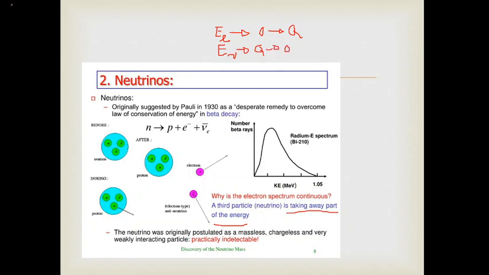So the whole idea is Q is nearly, I am using the word purposely, nearly equal to the energy of the electron plus the energy of the neutrino.